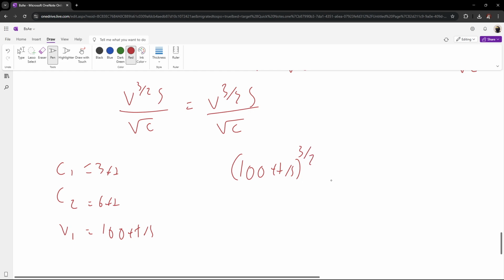Now what's S? It's the base times height, which was span times chord.